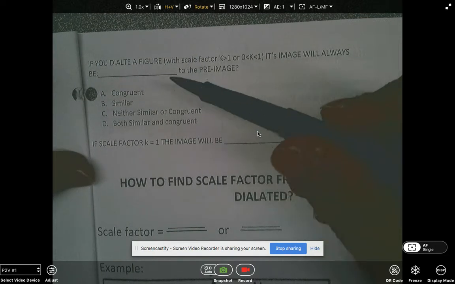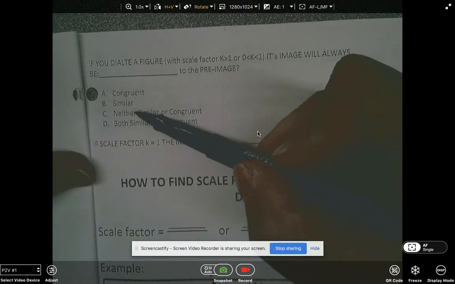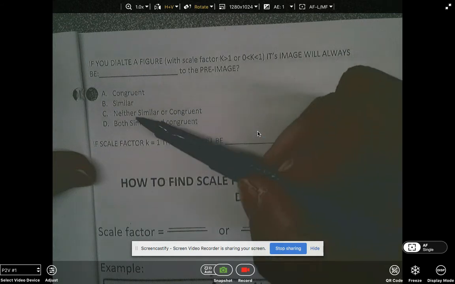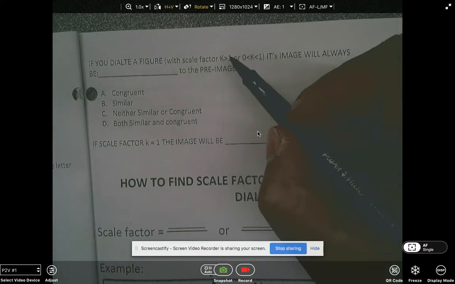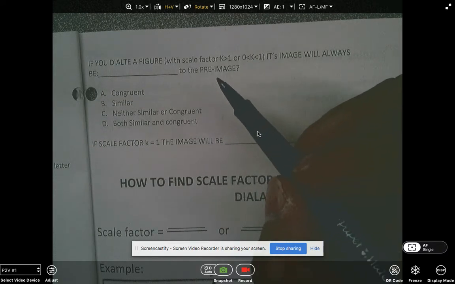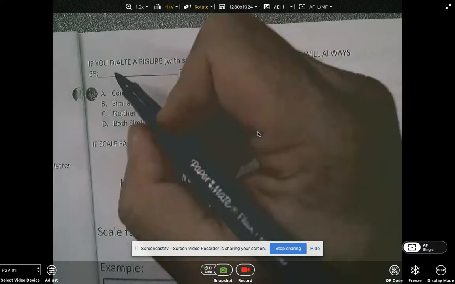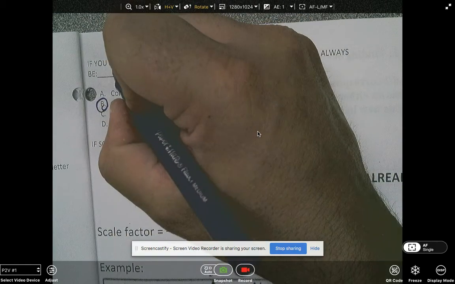Someone pause the video here, and talk to a neighbor. Is it going to be congruent, similar, neither similar nor congruent, or both similar and congruent? Again, the scale factor is bigger than 1 or less than 1, but not equal to 1. Hopefully you talked to your neighbor and you said B, they're similar. Let's copy that down.